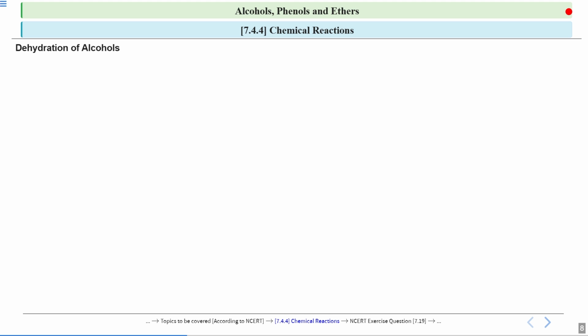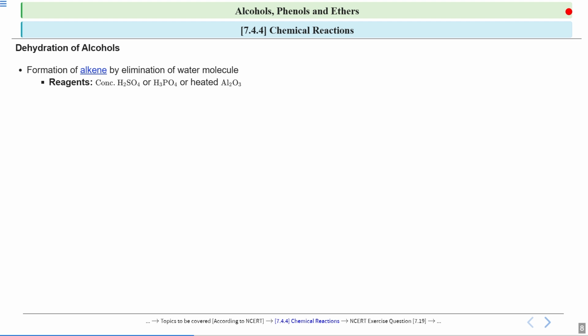If I talk about dehydration of alcohols, that means there is removal of water. So let us see the reaction. There is formation of alkene by elimination of a water molecule.